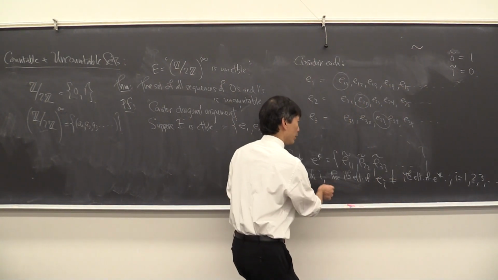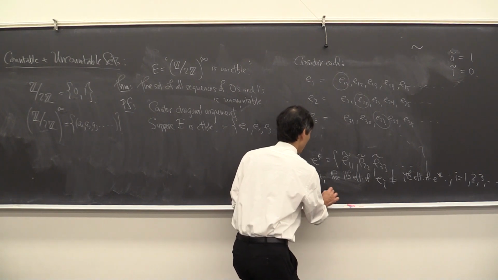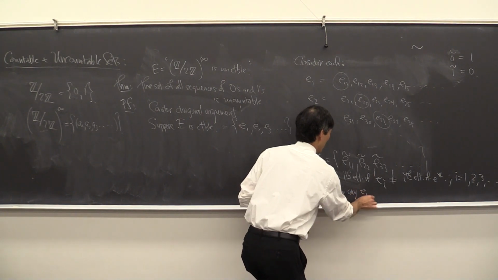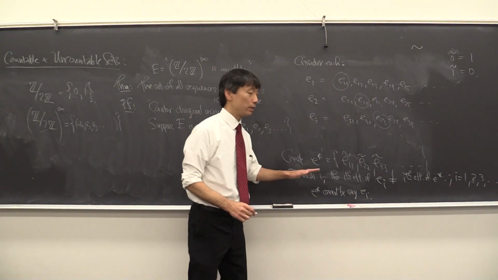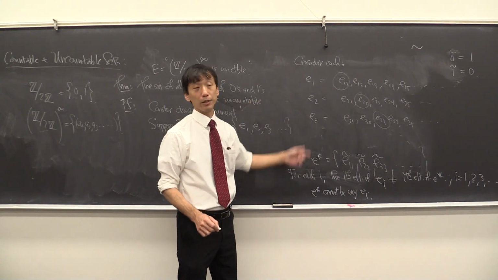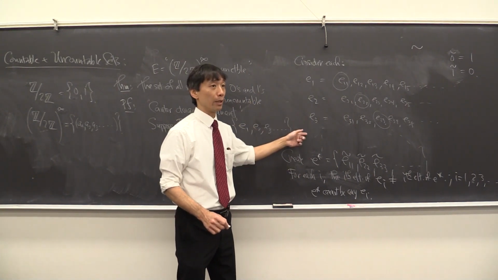And so E star cannot be any E sub I. E star is not equal to any of the EIs. E star is not on the list.